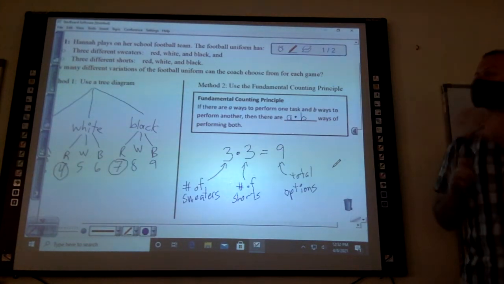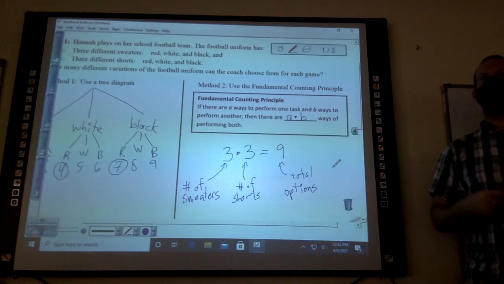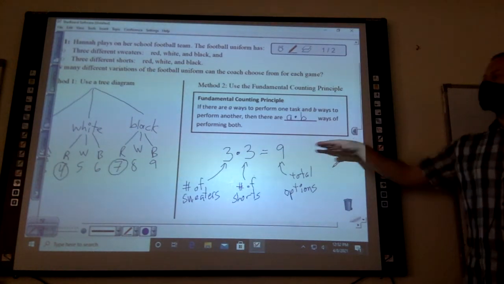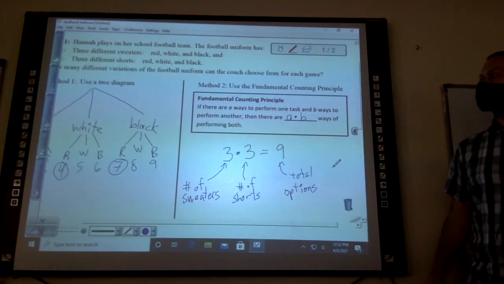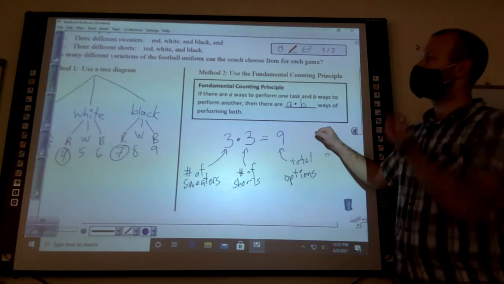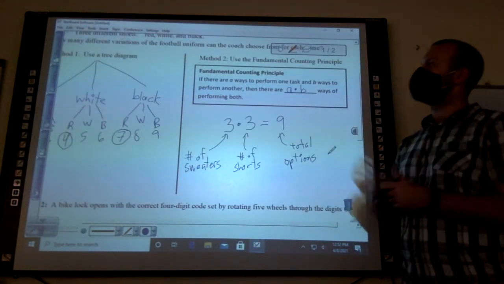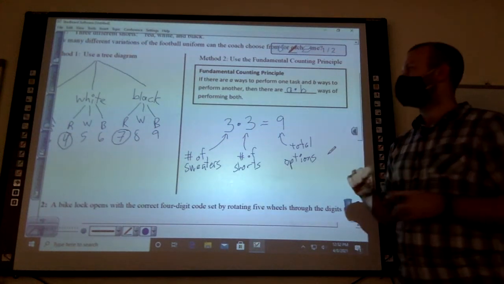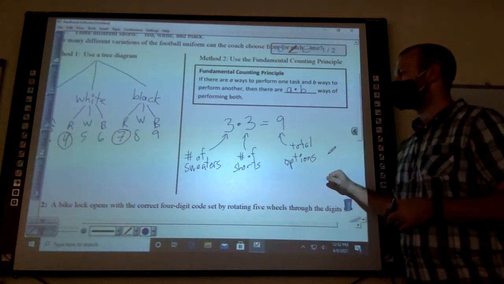So you could just multiply all those together to get the total number of outcomes. This is a relatively easy question for you to be able to do. I will ask you on the test to make one tree diagram, but it's going to be something that's simple, not anything with outrageous numbers.